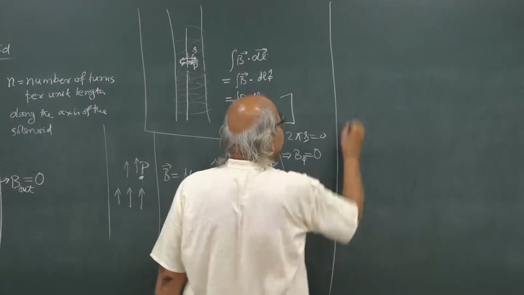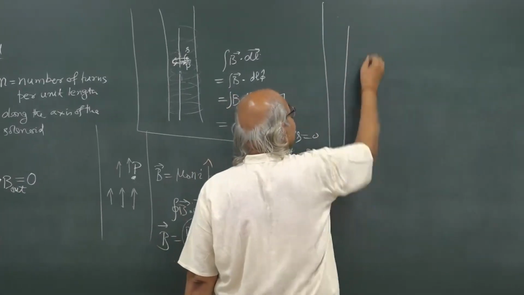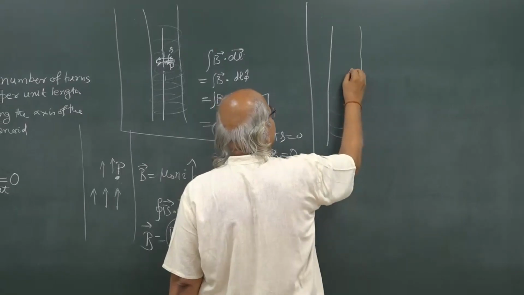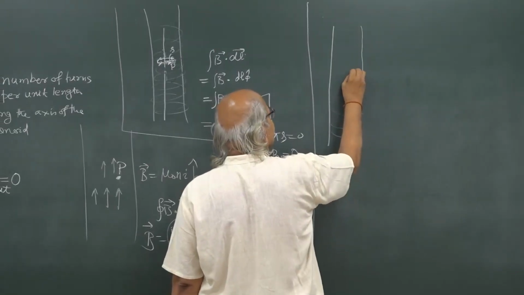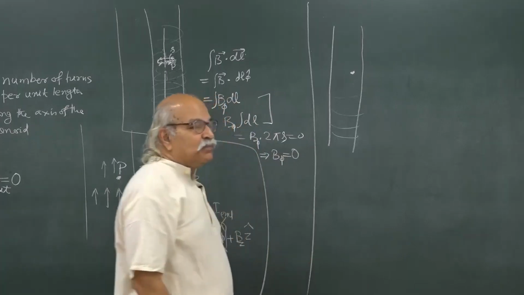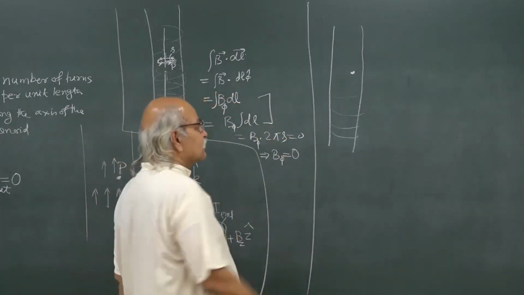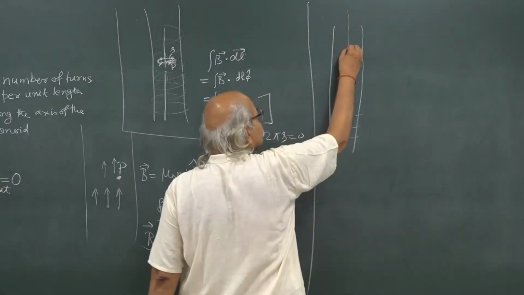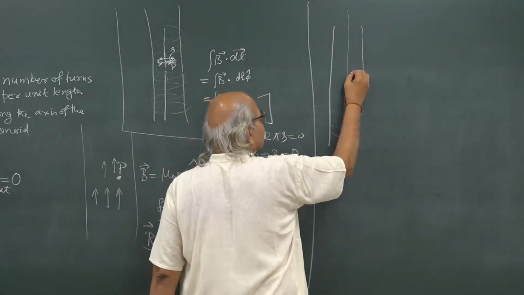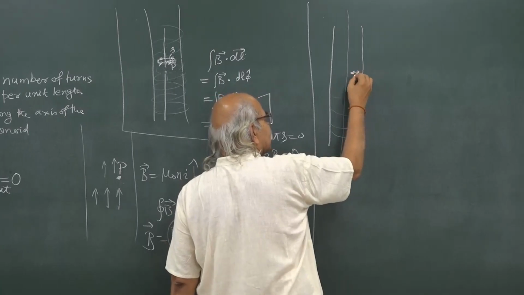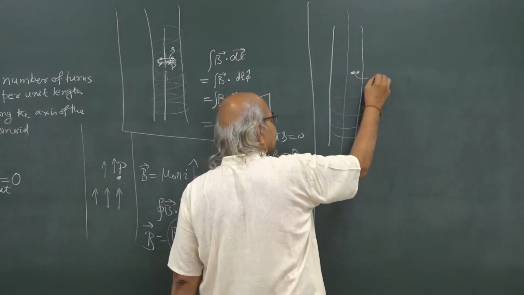Let us say this is our solenoid, and then these are the turns, here is the point. Suppose there is an S component and it is away from the axis. This is the axis and there is a magnetic field component here, Bs. This is the component in S direction.